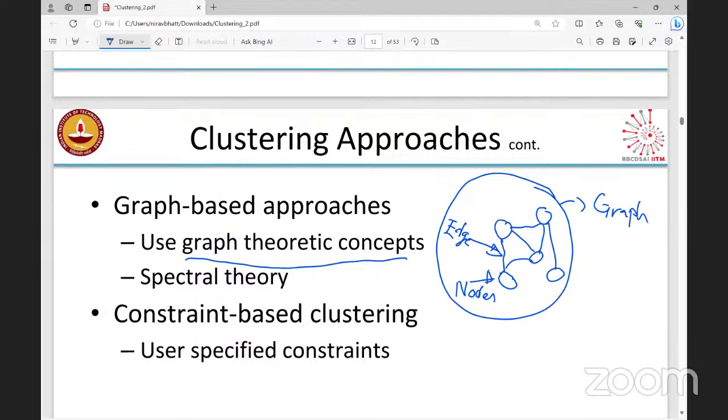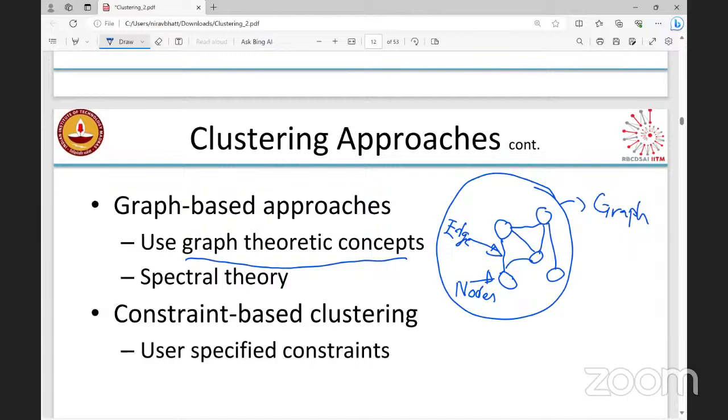in mathematics. So graph-based clustering approaches use this kind of graph theory and graph spectral theory to get good clusters. It can solve very interesting and complex problems which are typically difficult to solve using other clustering techniques.